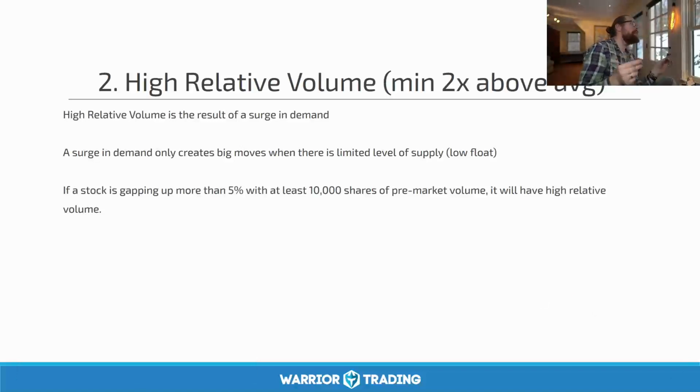A surge in demand only creates big moves, though, when there's a limited level of supply, when we have that imbalance. If anything is surging in demand by 50 times above average, probably regardless of the float, that is going to create a pretty big move in the stock.